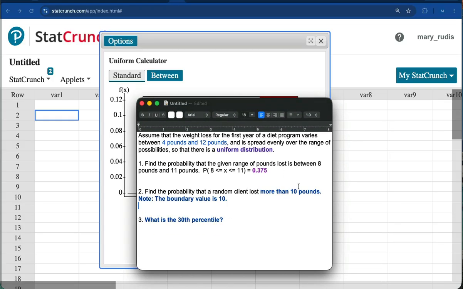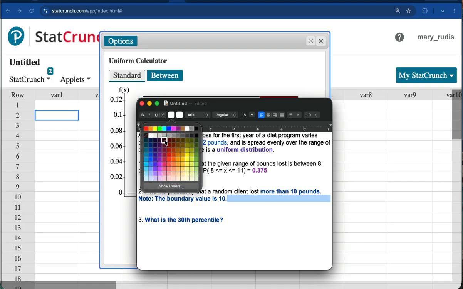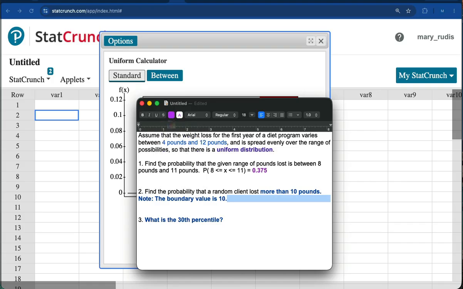More than 10 means between 10 and 12, because remember, 12 is the value on the right. So there's our answer there. No, I guess I didn't type it in.